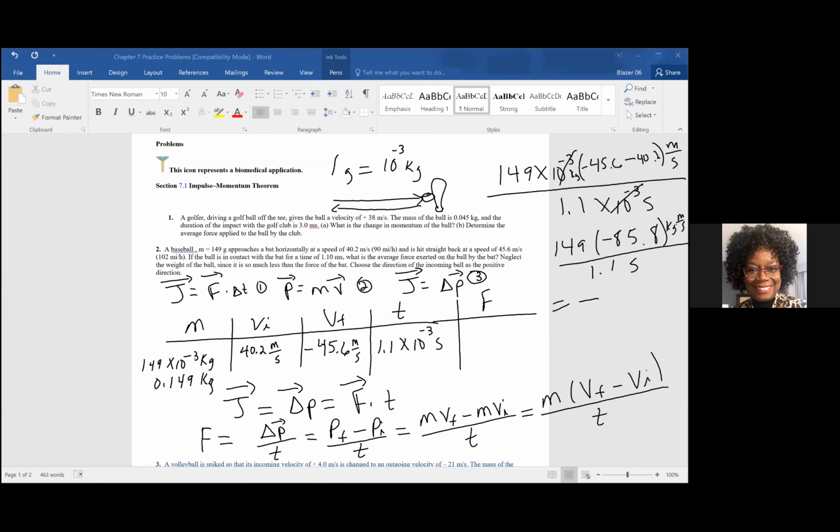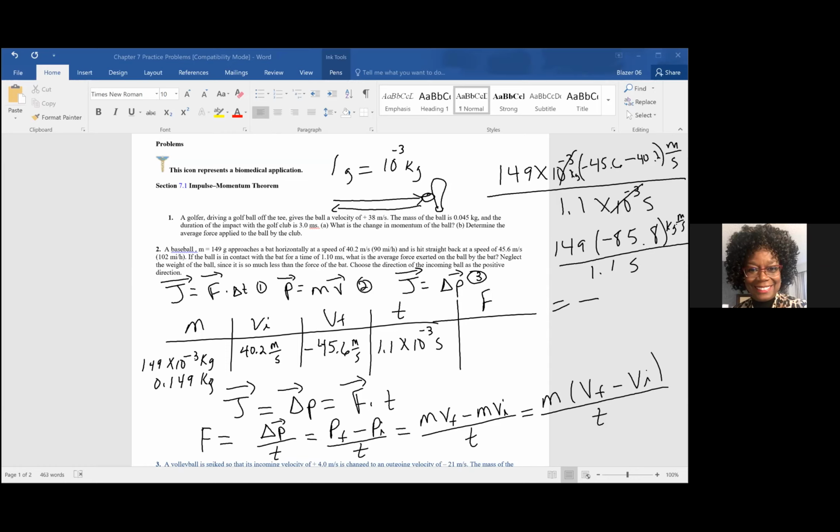So therefore, this number needs to be negative because it's heading away from the incoming direction. Okay, so let's see if you can put that number in your calculator. You shouldn't have any problem getting the correct answer. Now, the reason I'm walking you through these problems is so you will have a model for your homework.